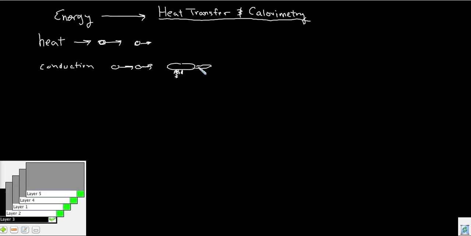Conduction. We also have convection. Most of your heating apparatuses in your house will use convection, where basically warm air is blasted into a room, and those warm particles, which are moving faster than the other particles, will eventually spread out into the room and convect.